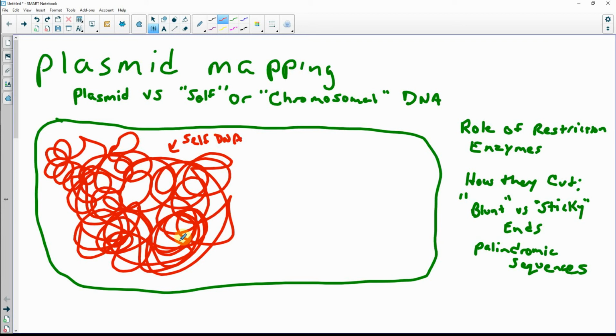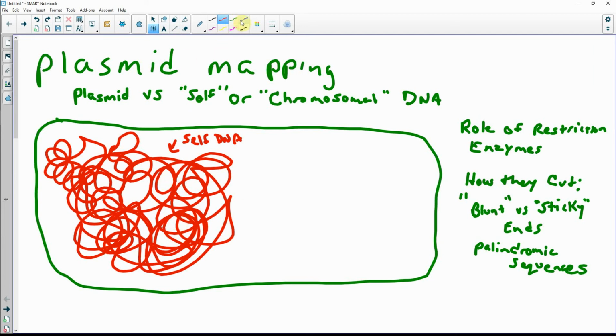Okay? And this is what keeps the bacteria functioning. This is what the instructions are for all the enzymes that the bacteria uses to break down food, bring in food, expel waste. If it's a mobile bacteria, it's all the blueprints for the machinery that helps it move. This is what keeps the bacteria running.